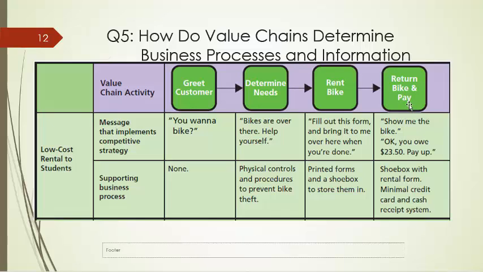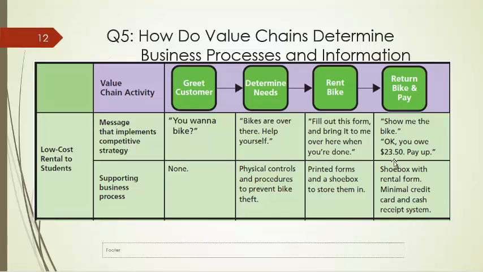So what if your strategy is low-cost rental to students? You tell them the bikes are over there, they can go find a bike themselves, they come up and fill out a form, bring it back to whoever's managing the desk, and you're done, and you pay this amount.